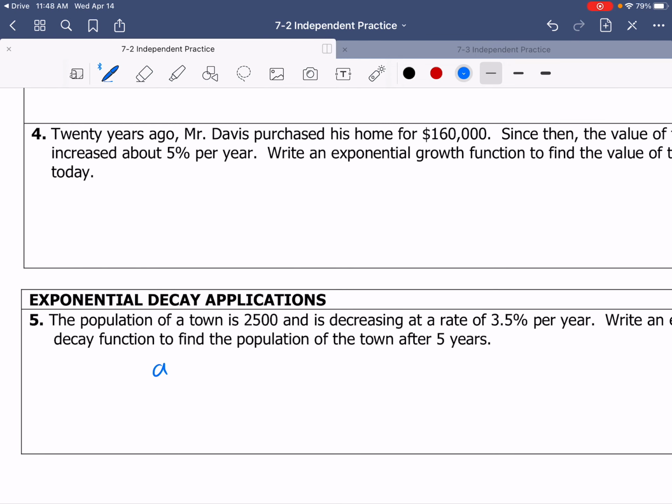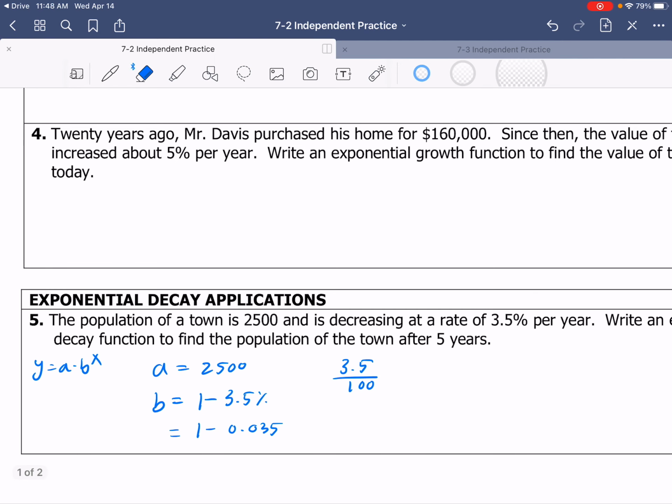So y equals a times b to the x power. A is 2,500, a very small town. B is decreasing, so it's 1 minus 3.5%. Let's change this percent into a decimal, 0.035. Again, if you cannot do it in your head, just do 3.5 divided by 100 using decimals, okay? Then you will get this.